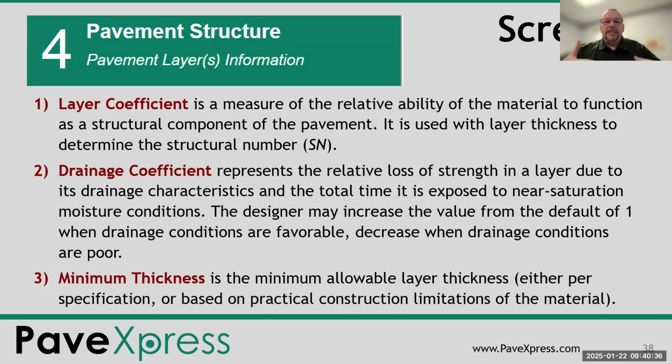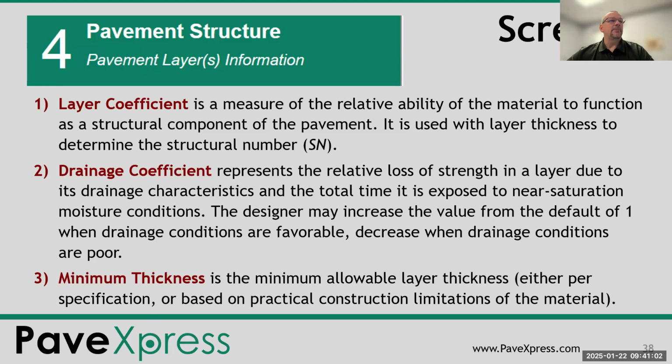So when we talk about these layer coefficients, a layer coefficient is basically the measure of relative ability of that material to function as a structural component of the pavement. So that's part of the way that it converts into that structural number. The layer coefficient gets multiplied by the thickness, and that gives you the relative structural number for that layer.